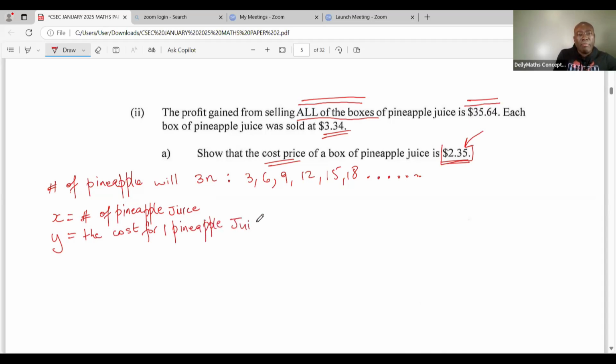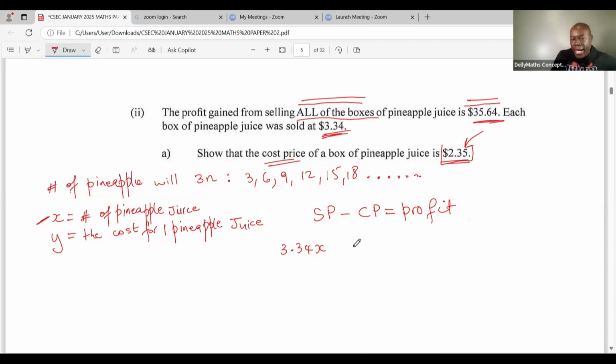All right. Selling price, let me put it like this. My selling price minus my cost price should give my profit. This is the basis on which we're going to prove it. My selling price will take on the form of this: $3.34 for 1, and then X amount were sold, because X is the number of pineapple juice that were sold.